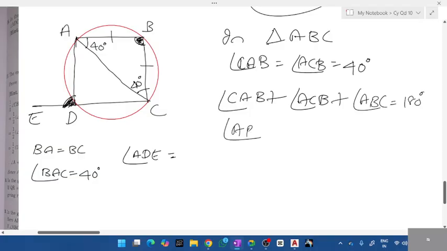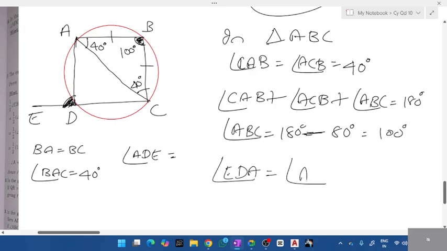Therefore, angle ABC is equal to 180 minus 40 plus 40, that is 80. What's the value? Is it 100? 100 degrees. Simple, 100 degrees. Therefore, angle EDA is equal to angle ABC, that is equal to 100 degrees.